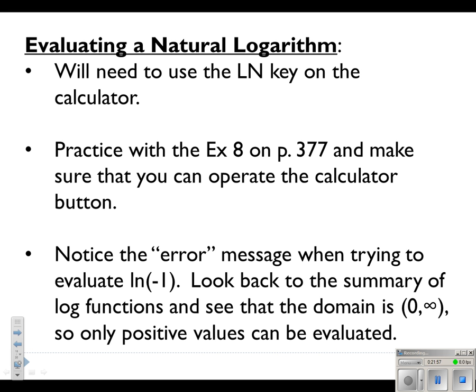Well, if we punched in ln of negative 1, we chose an x value that was out of our domain. So only positive values are going to be able to be evaluated in these problems. Even if you stuck a 0 in for x, you're going to get that error message. So I thought it was kind of cool that the book actually had us do that and see that error message pop up on our calculator. And that's why: that value of x is not in our domain. It's going to give you something that's undefined.